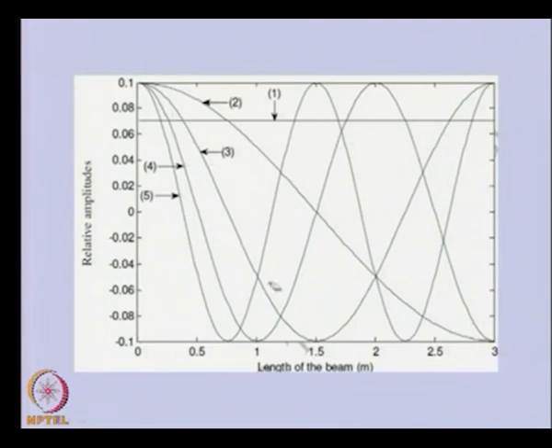Third mode is this one. Fourth one is this one. These come directly from the eigenvector, and the eigenvector gives us the displacement at the node positions. In between, we can interpolate using the shape function. So these are the shape functions which we are plotting directly from the eigenvector.